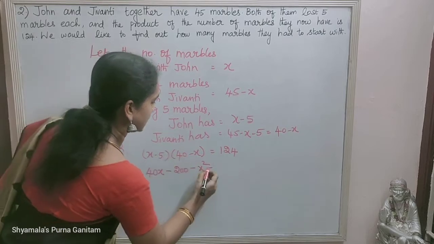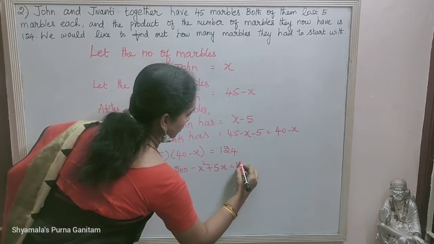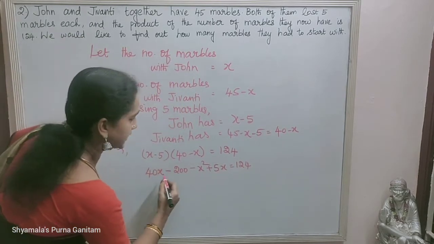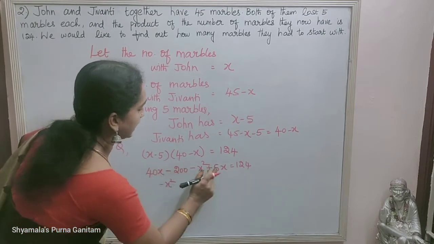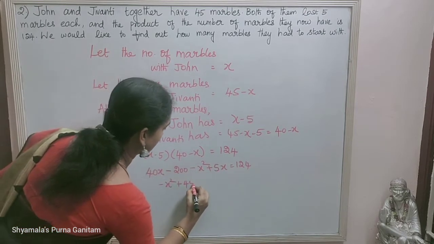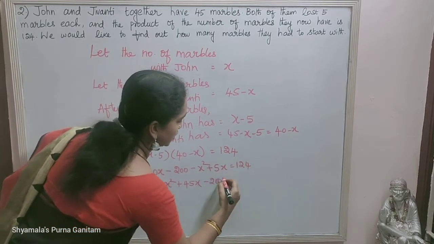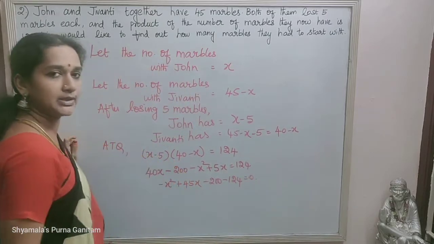This minus into minus is plus, 5 into x is 5x. This is equal to 124. So now when you simplify this, you will get minus x squared plus 45x minus 200, and when you bring the 124 over, it will be minus 124 is equal to 0.